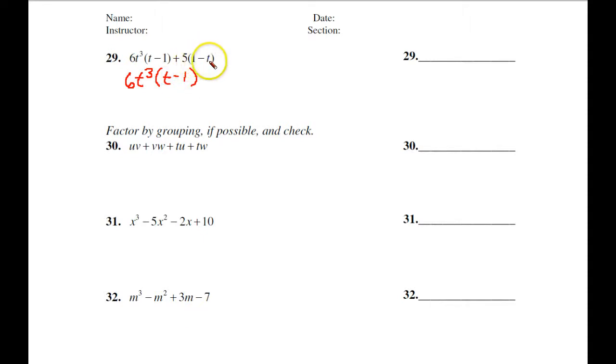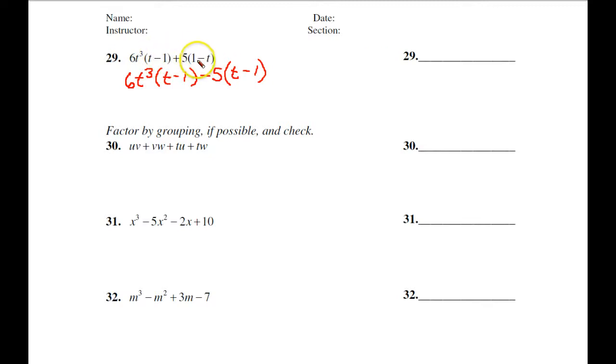Now, I can reverse these signs by taking out a negative. And it'll be a -5 out there, changing that sign. And then this becomes t minus 1. So that's the tricky part right there.